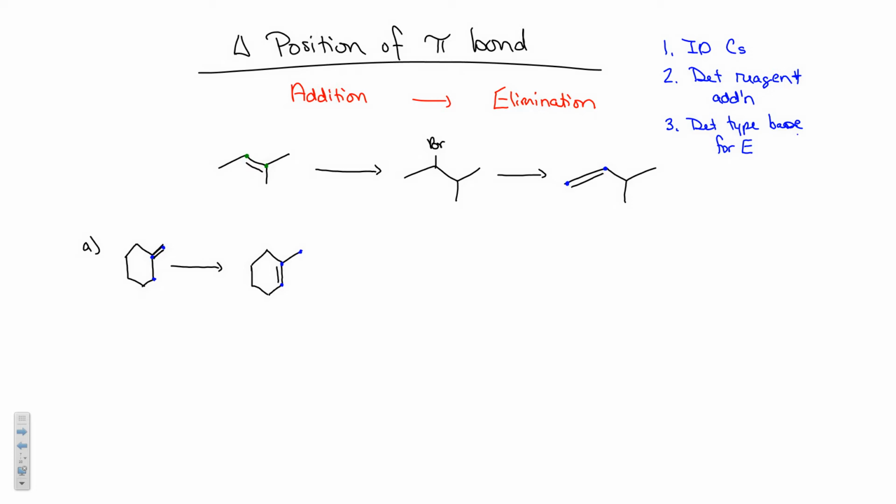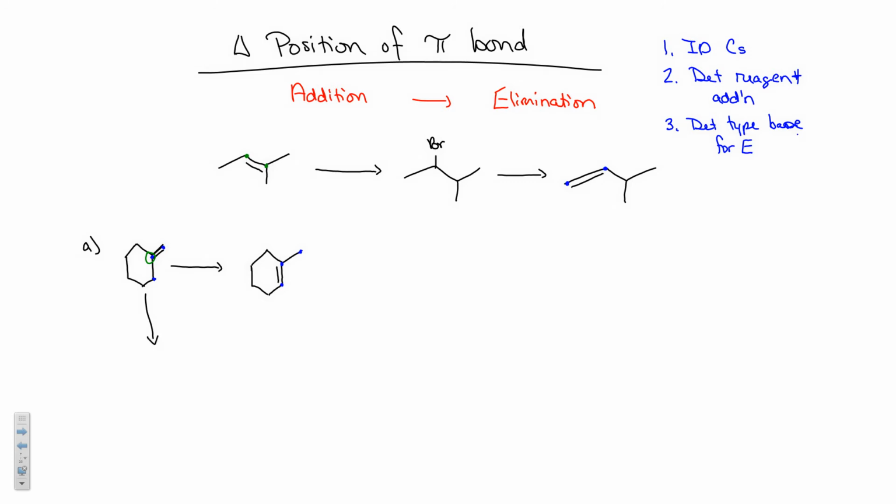So if I'm looking at this carbon, that's where I want to add my leaving group. What's the regiochemistry here? Am I adding Markovnikov or anti-Markovnikov? Markovnikov. Because it's the more substituted of the two.